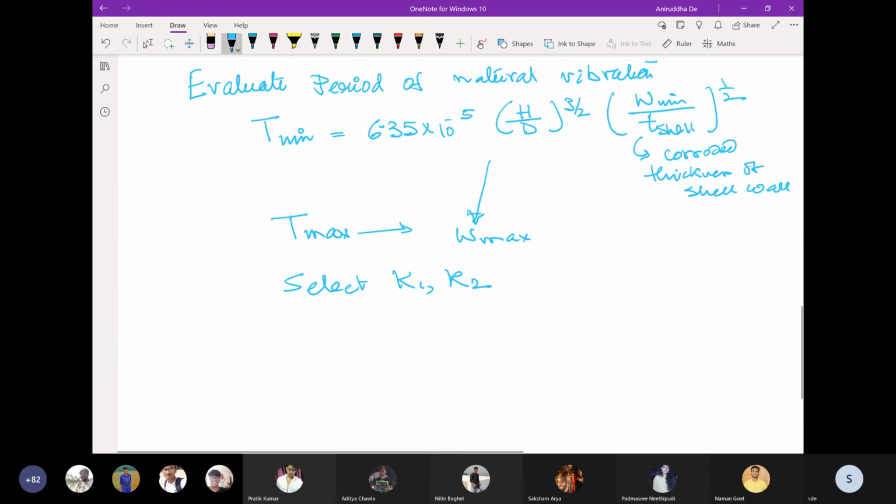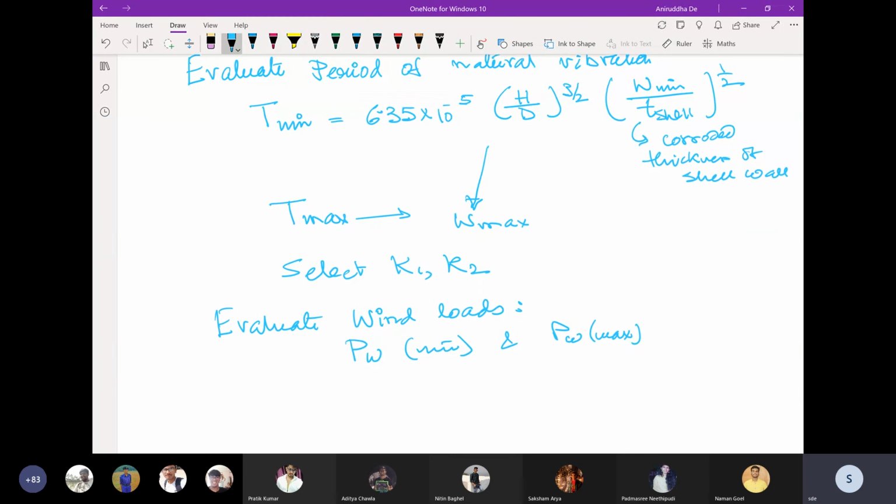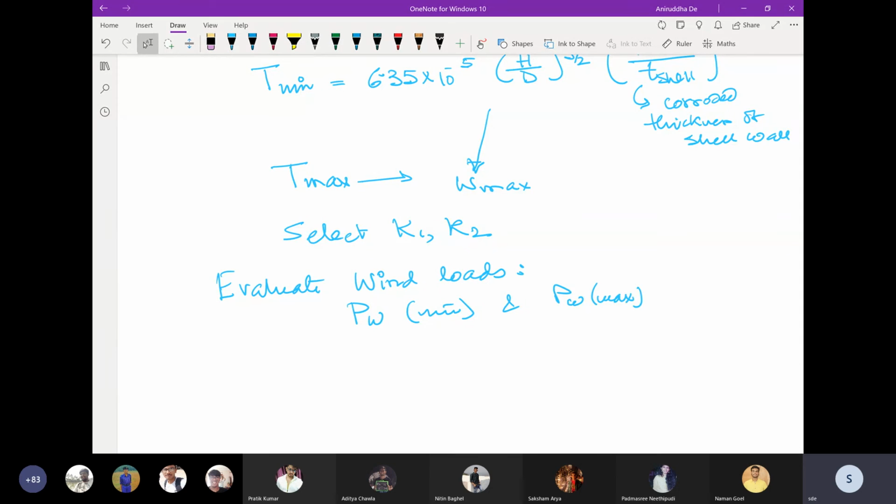And you evaluate the wind loads. Using W minimum and W maximum, you evaluate wind loads for both cases, PW minimum and PW maximum, and then the minimum and maximum wind moment, MW.